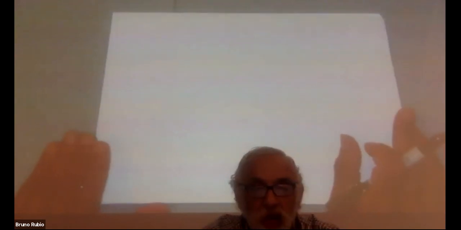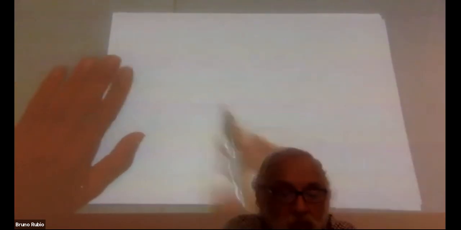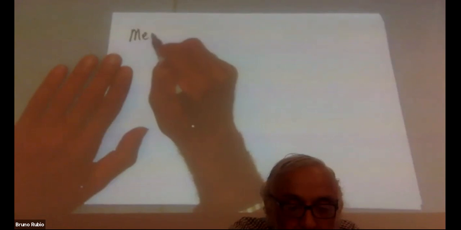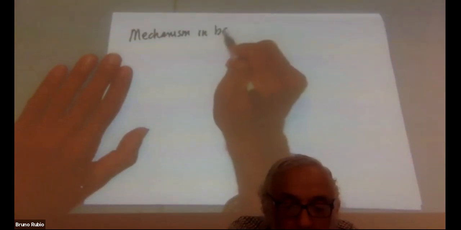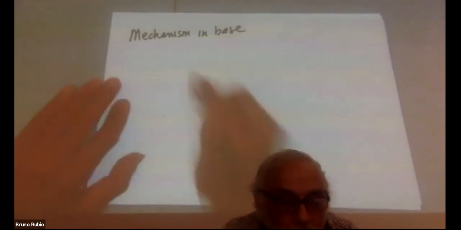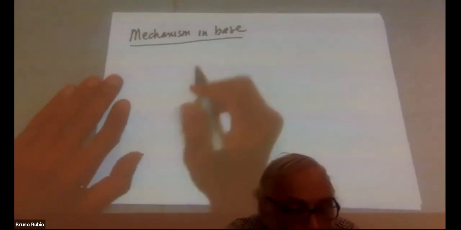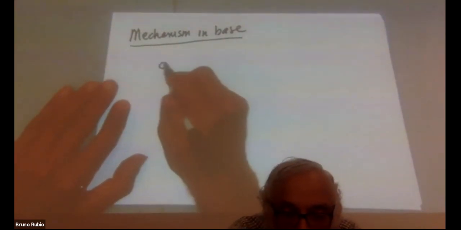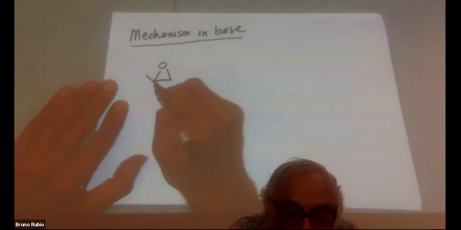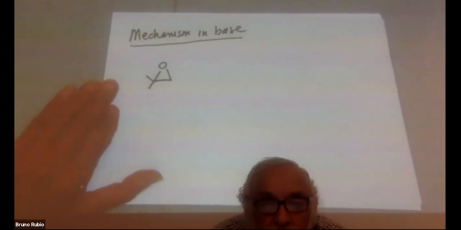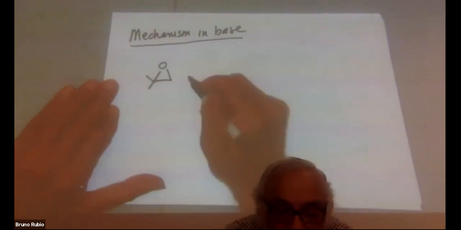All right, so now let's look at the mechanism in base. A lot simpler. So here's our epoxide, same one as we did before. It has a more substituted side and a less substituted side.